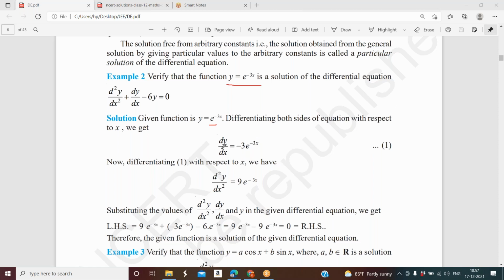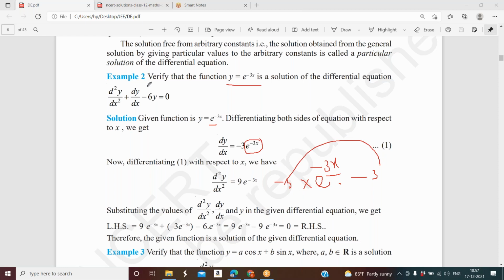If I differentiate one more time, the left side becomes d square y by dx square. On the right I already have minus 3, and differentiating e power minus 3x again gives e power minus 3x, but the derivative of minus 3x is minus 3. So minus 3 into minus 3 is plus 9.